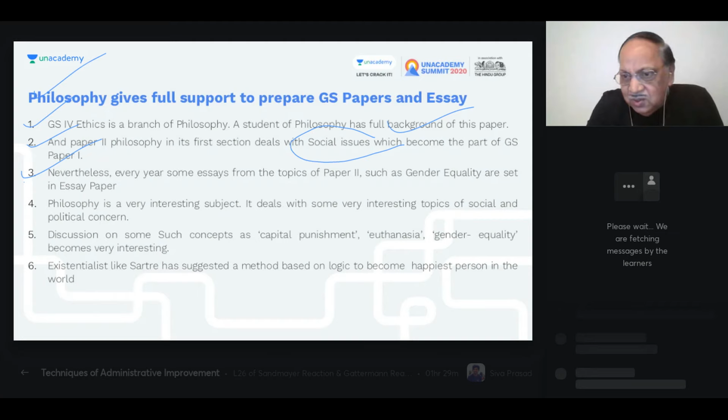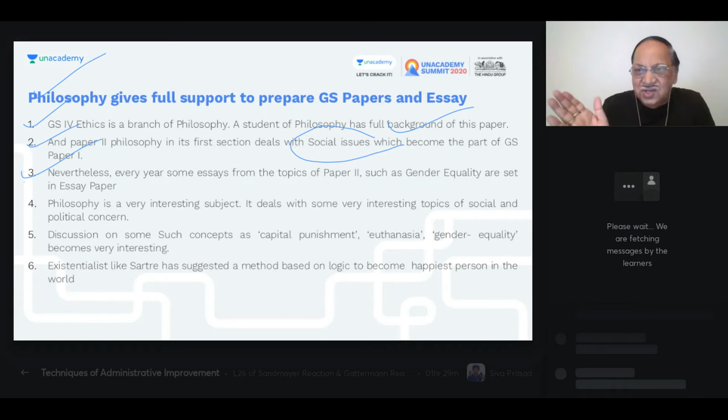Now, you got my point. Sir, please guide us regarding the booklet. Yes, I provide notes here, and these notes are especially structured for you for the IAS examination. No need to read any further book.